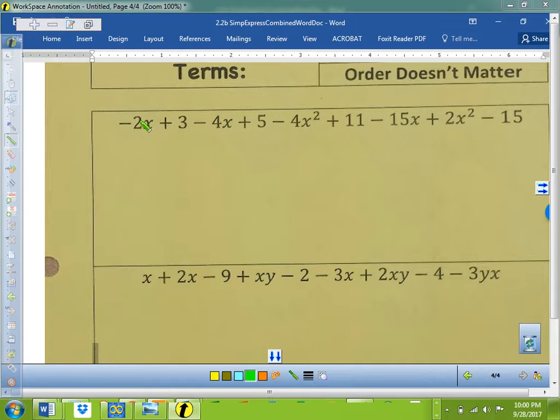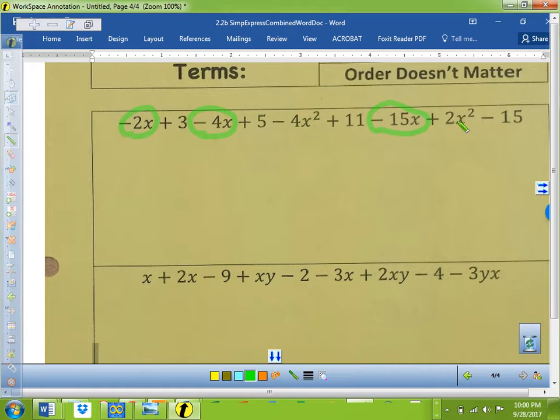For example, I see right here a negative 2x. If I look along this string here, what other terms are part of the x family? This one is negative 4x. This one over here, negative 15x. Now the squared x's are not, because that's the x squared family.